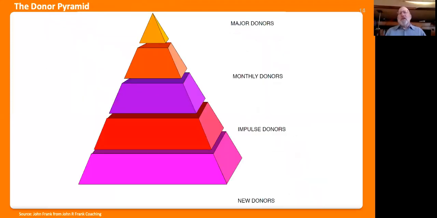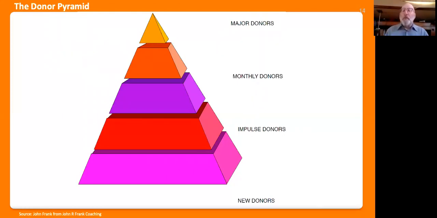I said relationships. You may or may not have heard of the donor pyramid, but basically it's the numerical numbers of donors at each level. And every nonprofit, whether it's a church, a nonprofit organization, a faith-based organization, your donor base creates a pyramid.